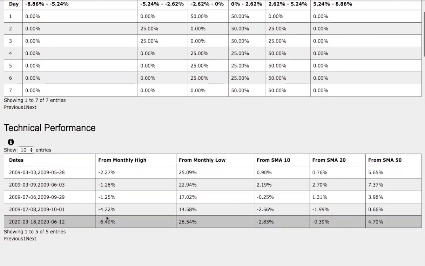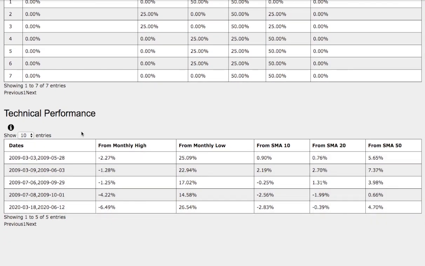And let's examine closer the technical performance of each model. On the current trend, we're currently down 6.5% from the monthly high, up 27% from the monthly low, down 2.8% from the 10 simple moving average, down 40 basis points from the 20-day simple moving average, and up 4.7% from the 50-day simple moving average.